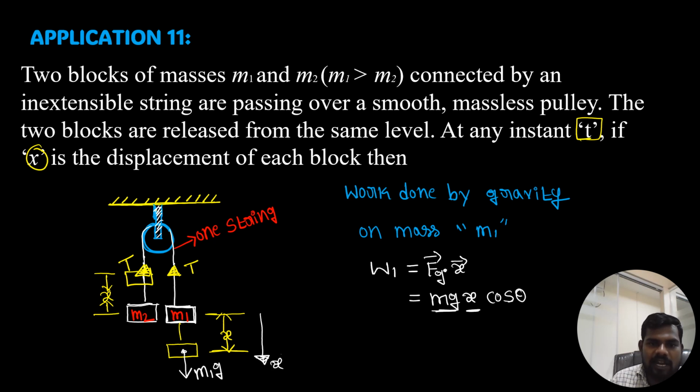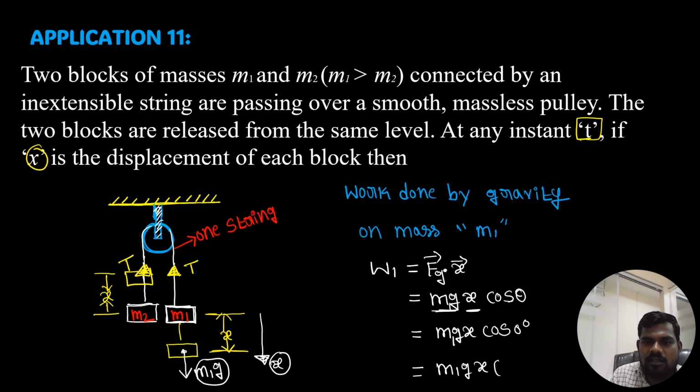So x and m1g are both in the same direction. Same direction means theta is equal to 0, then cos 0 value will be 1. So m1g x cos 0 degrees equals m1g x, since cos 0 value is plus 1. This is the W1.